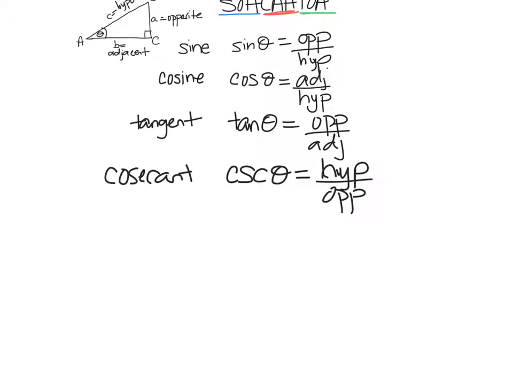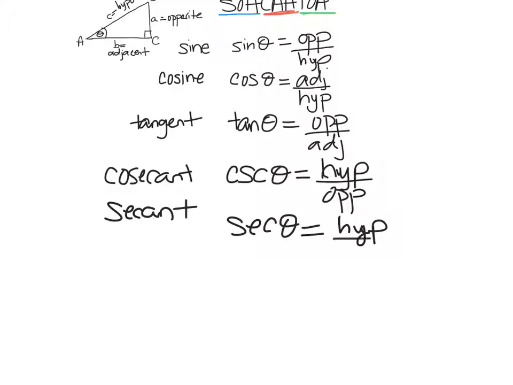All right, 2 more. There's also secant. The secant of an angle is abbreviated SEC. The secant of theta is going to be the reciprocal of cosine. So it's going to be hypotenuse over adjacent.